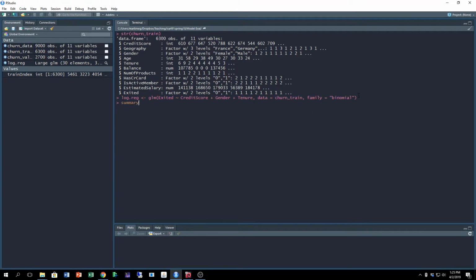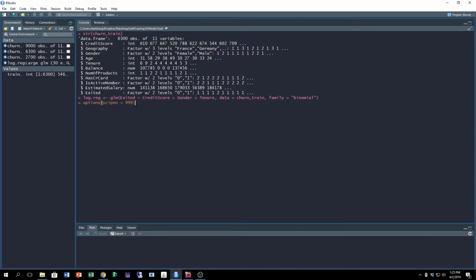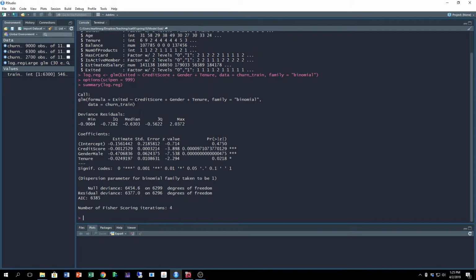Right, just as before, we can look at the summary of the model, and that should be enough. Just before doing that, let's change the options. And let's change the scientific penalty to 999 so that we get a lot more decimal values. And let's look at the summary now. All right, so we have three variables.